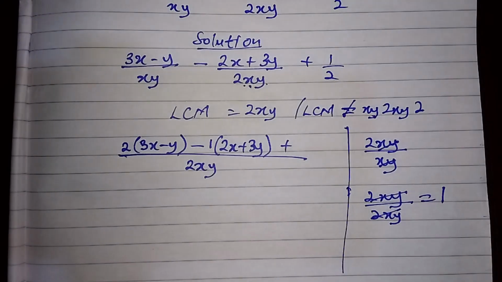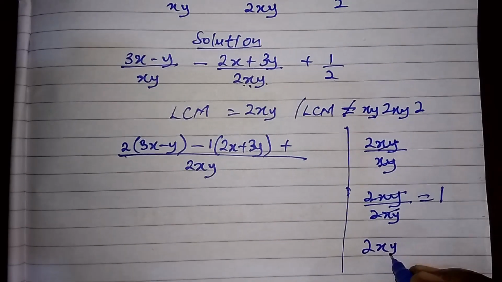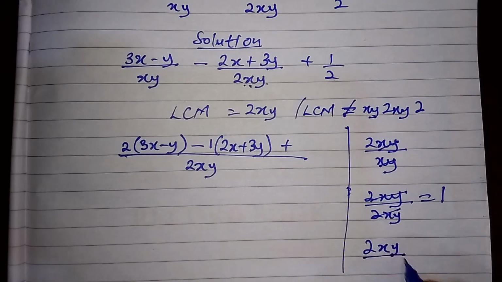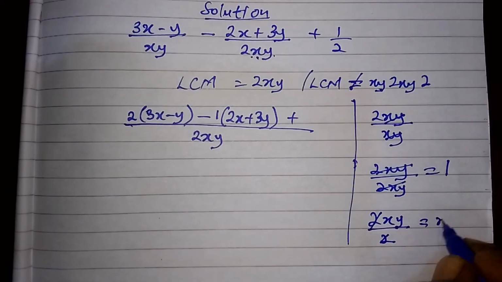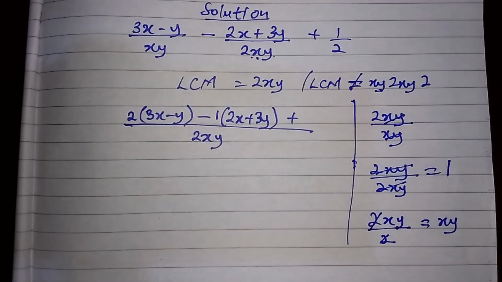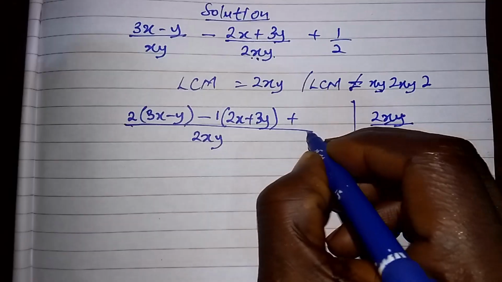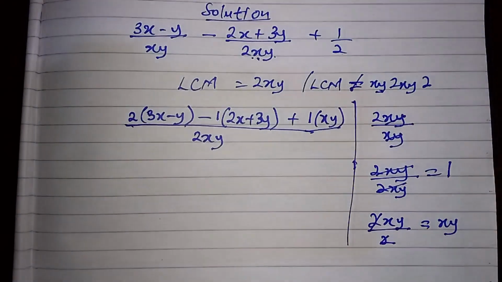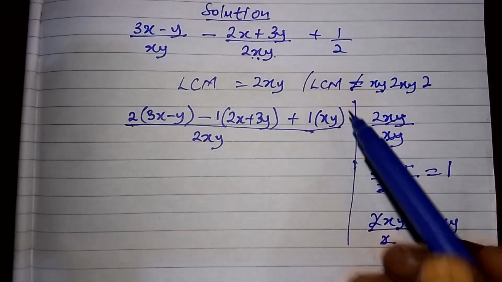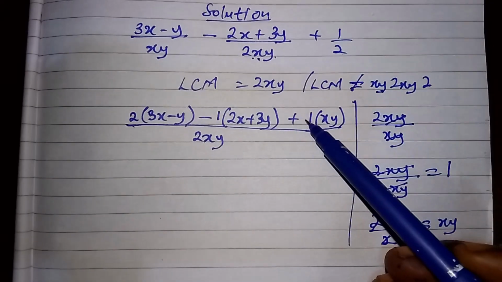The next denominator here is 2. So the LCM, which is 2xy, dividing the denominator of 2, this will cancel this, leaving xy. So I have 1 multiplied by xy, where the 1 is the numerator here.